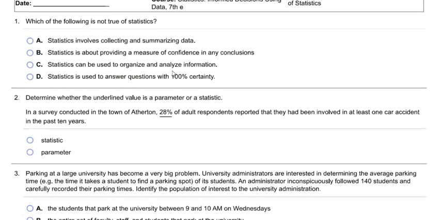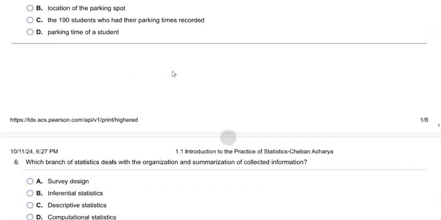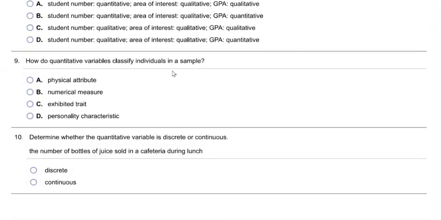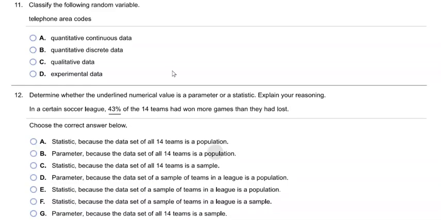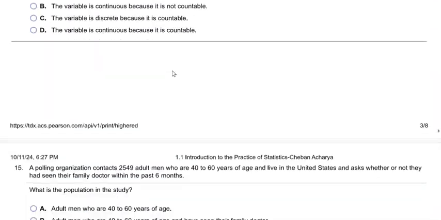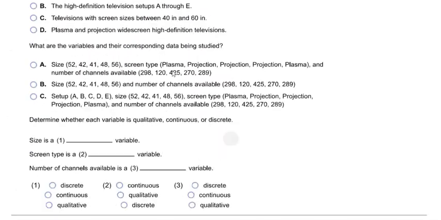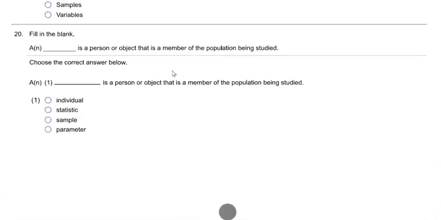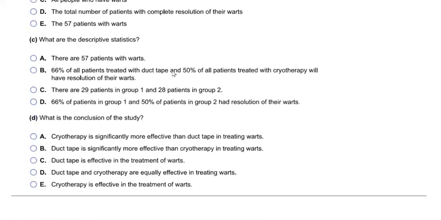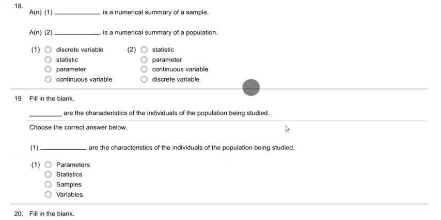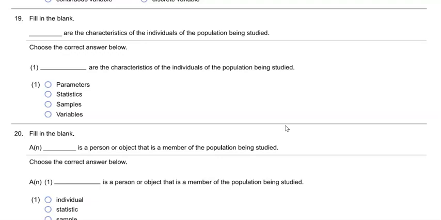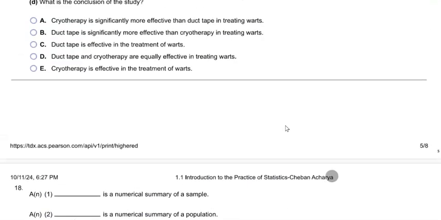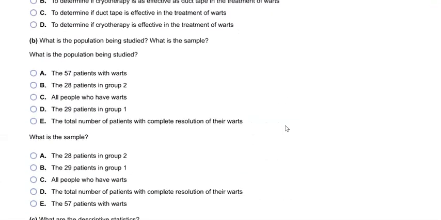For example, in section 1.1 there are, let's see, 20 homework questions, and those 20 questions here and in MyLab Math are either the same or similar.